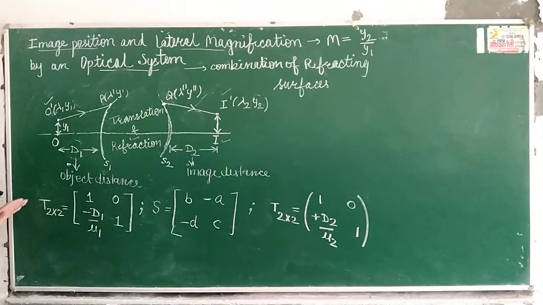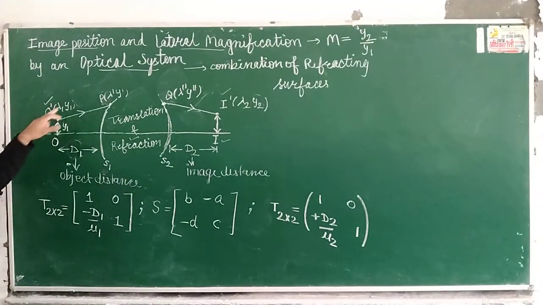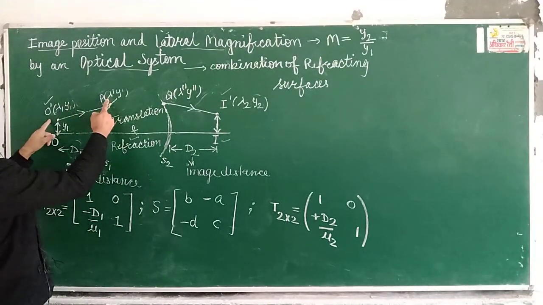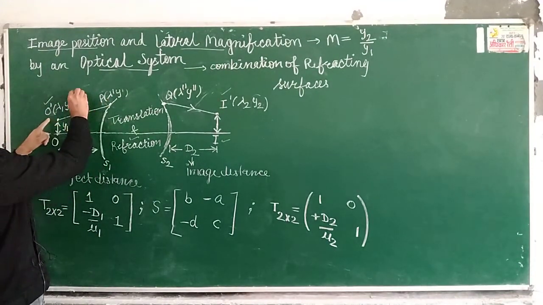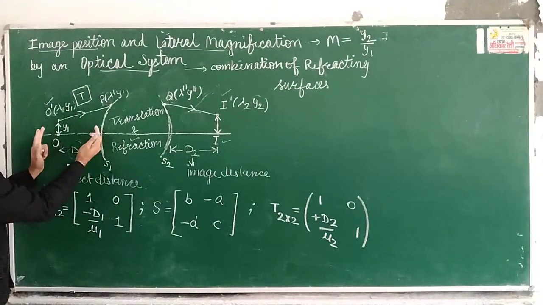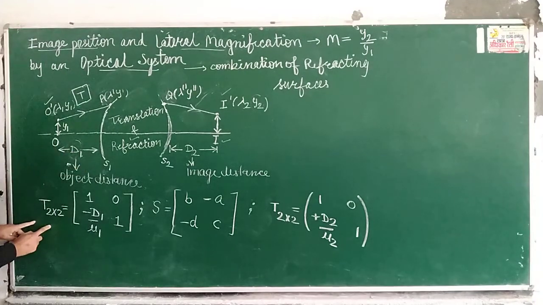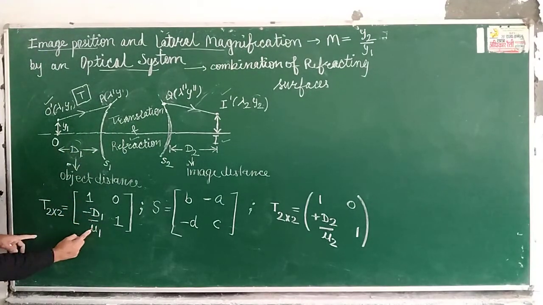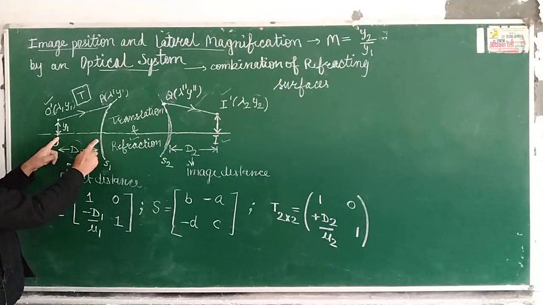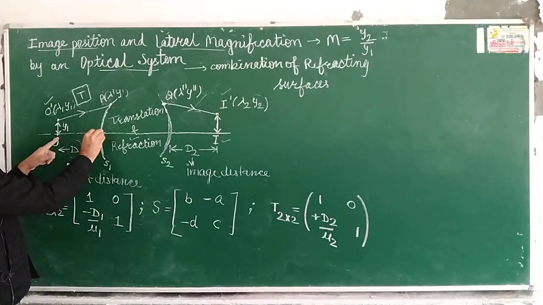Here you see from point O dash to P there is translation. So the coordinates of point P and point O dash will be connected by a translation matrix in the object space, which is given by this matrix 1 0 minus d1 by mu1, and d1 is taken negative because the distances are measured from the pole of the refracting surface.